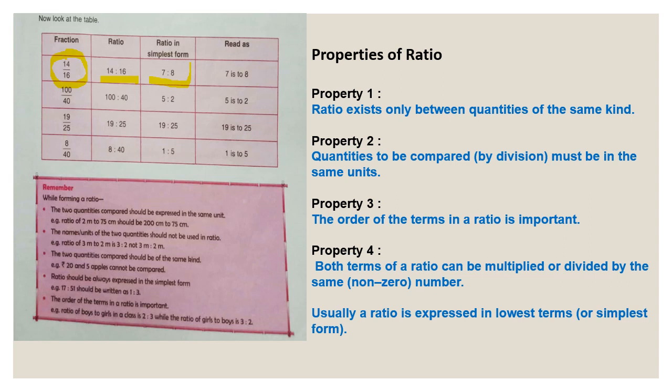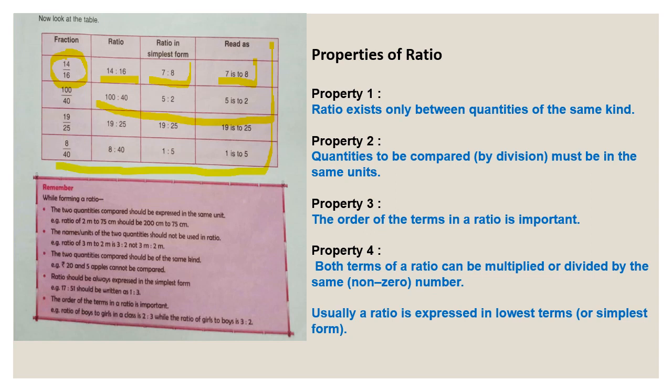So you can reduce the numbers to the simplest form, and you can read it as 7:8. Here are some more examples of ratio and fractions that you can practice, to write and understand the ratio in normal form, in simplest form, and how to read the ratio.